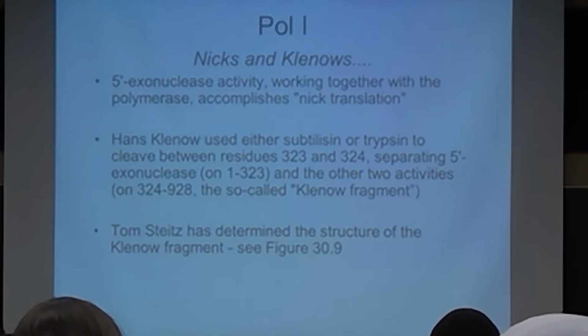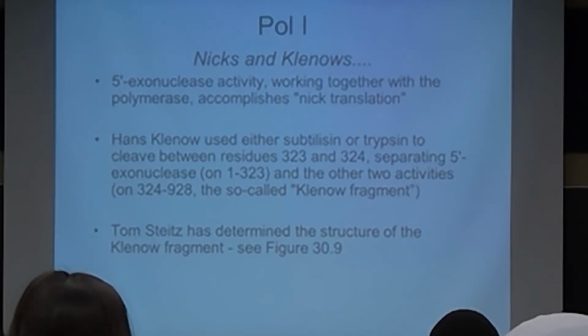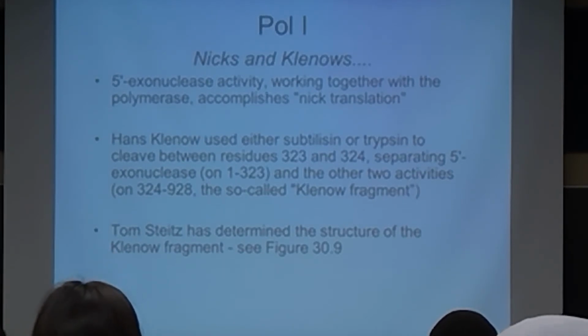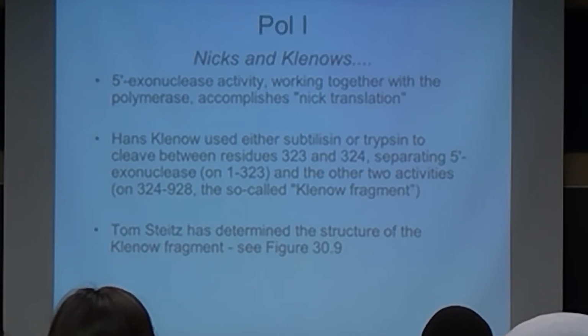So this is 5' to 3' exo, and this has Pol plus 3' to 5' exo. This fragment is called the Klenow fragment of DNA polymerase.